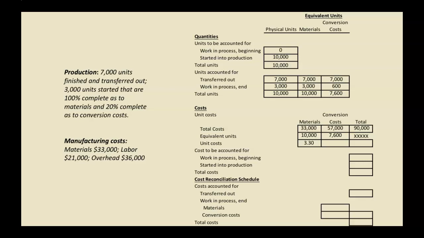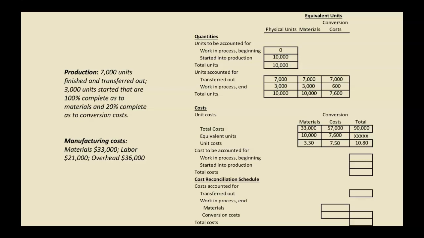Conversion costs, we take 57,000 divided by 7,600, and we see that those are $7.50 per unit. So then we add those two together, and we see that one completed finished unit will cost $10.80.